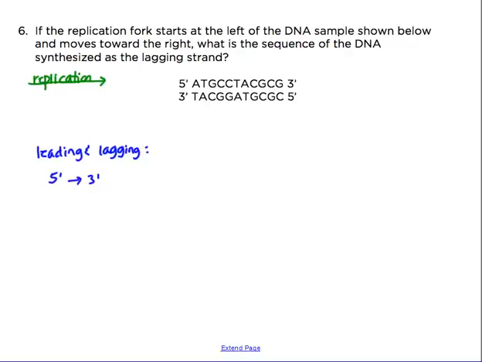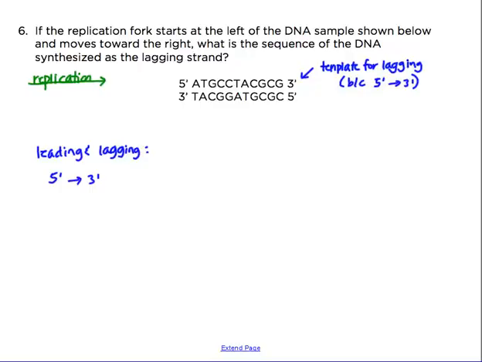Now the leading strand is going to have the template strand that is in the 3' to 5' direction, which is the direction that DNA polymerase reads, but the lagging strand is going to have the template that's in the 5' to 3' direction. So this top strand, that is going to be the template for the lagging strand. And that's because, again, it is 5' to 3'.